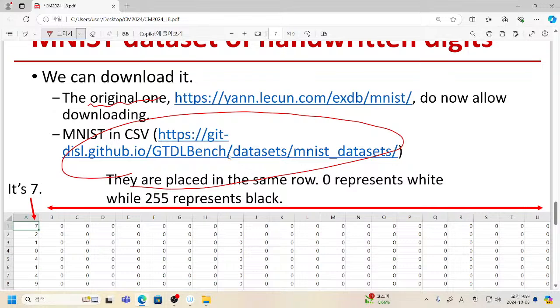However, at least for me, I had no permission to download the original ones. So instead, I searched the web and found that a CSV file version was available. I downloaded it to my local computer, so I expect that all of you can do it by yourself. Its size was about 100 megabytes, which is not that big nowadays.